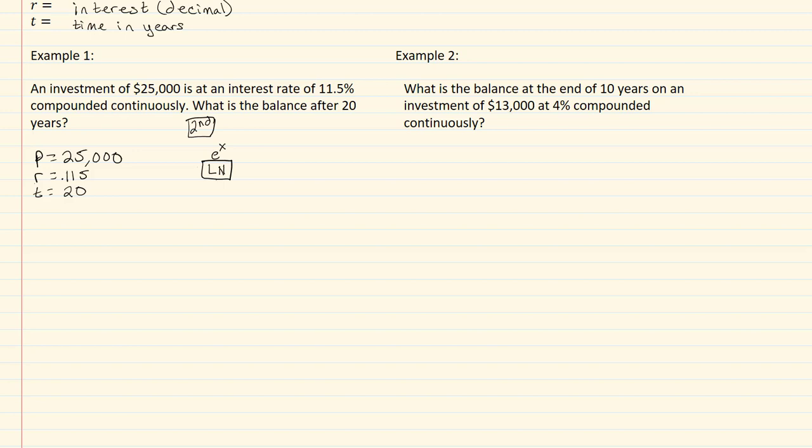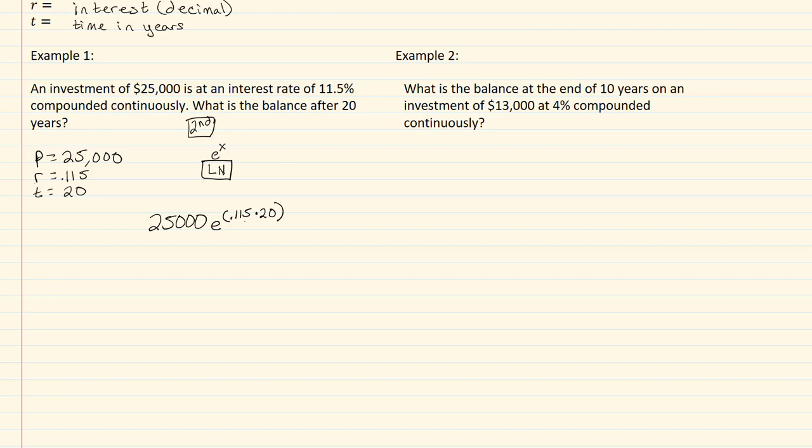Okay? So when I put this in the calculator, I'm going to go 25,000. Then I'm going to hit the E button by hitting the second and then the LN. And then that's automatically going to put me up in the exponent, okay? So then we're going to go 0.115 times 20, and then we'll close our parenthesis.